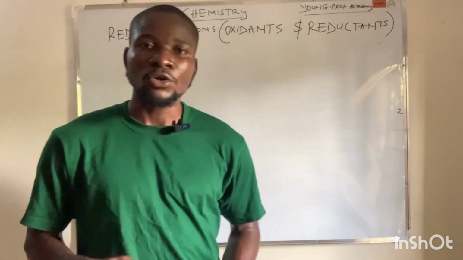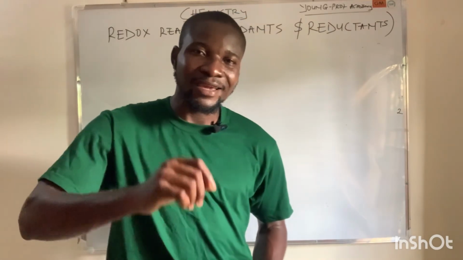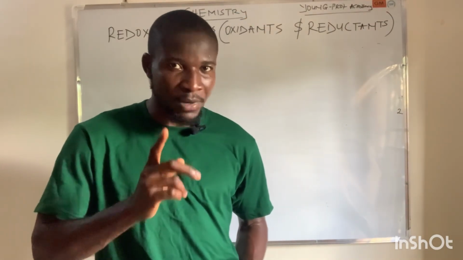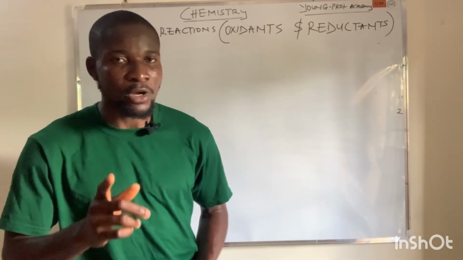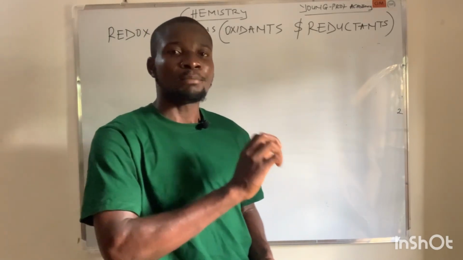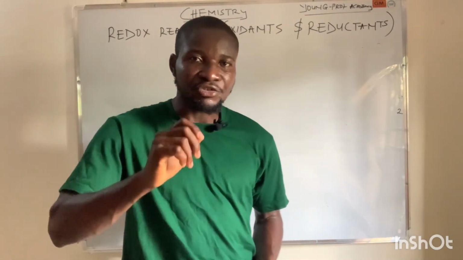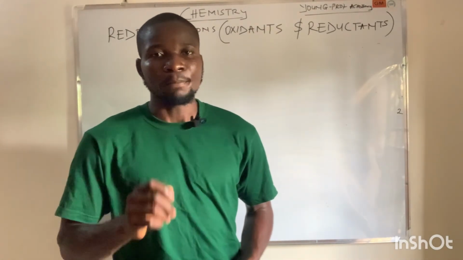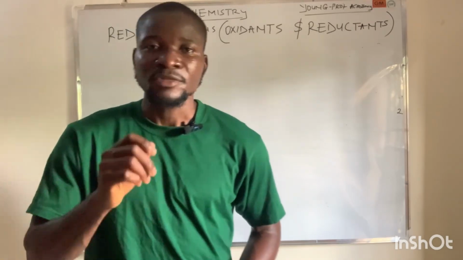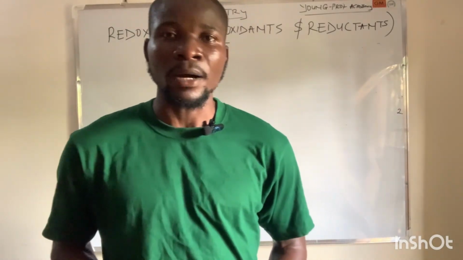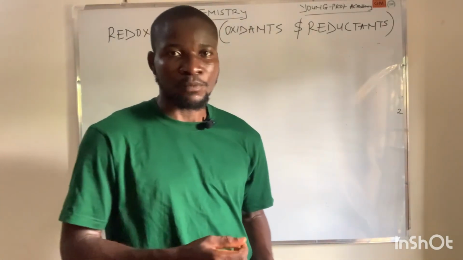Three, oxidation reaction also means increase in oxidation number. This is very important because it will help you to understand balancing of redox reactions. Increase in oxidation number means oxidation, while decrease in oxidation number means reduction.